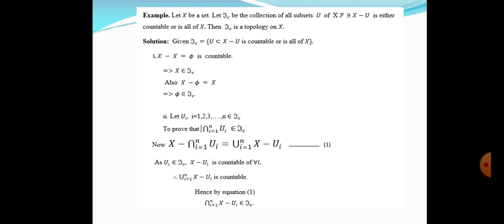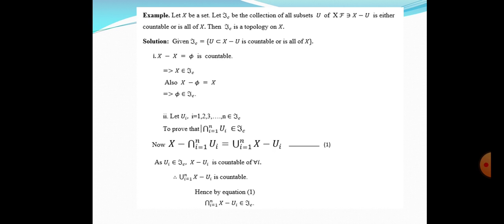Here X minus X equals empty set. Empty set means it is countable. That implies the whole set X belongs to tau c. Also, X minus empty set equals X, the whole set minus empty set equals X. That implies empty set belongs to tau c.